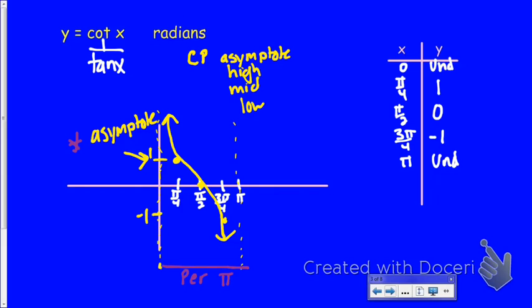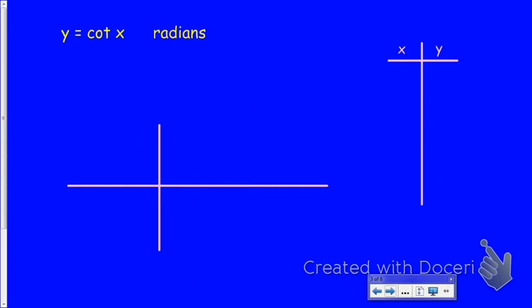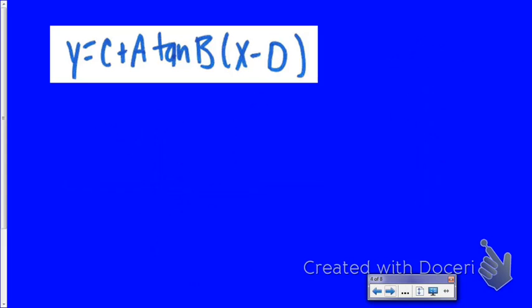So what we're going to do now is look at that same equation that we looked at for our sine and cosine waves, and figure out what all these letters are for our tangent function. And what you're going to notice is a lot of them are very similar. The first one we're going to look at is C. Just like C was my vertical shift for my sinusoidal functions, it is still the same thing for tangent. It is still the y value, or the height, of all of my center points. So that is not changing.